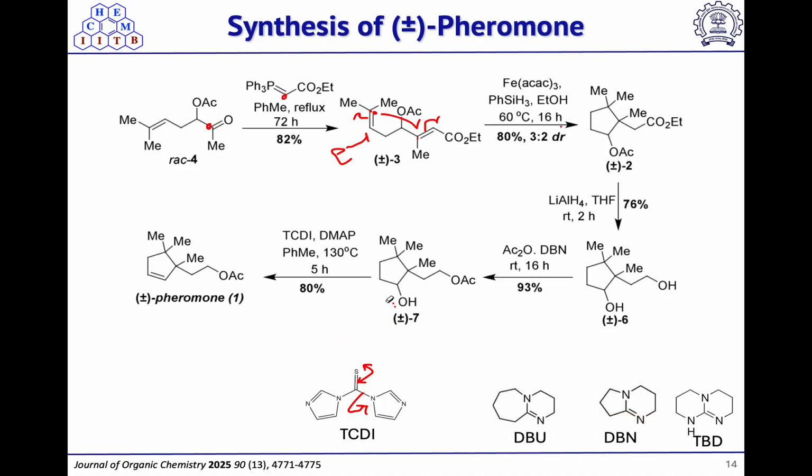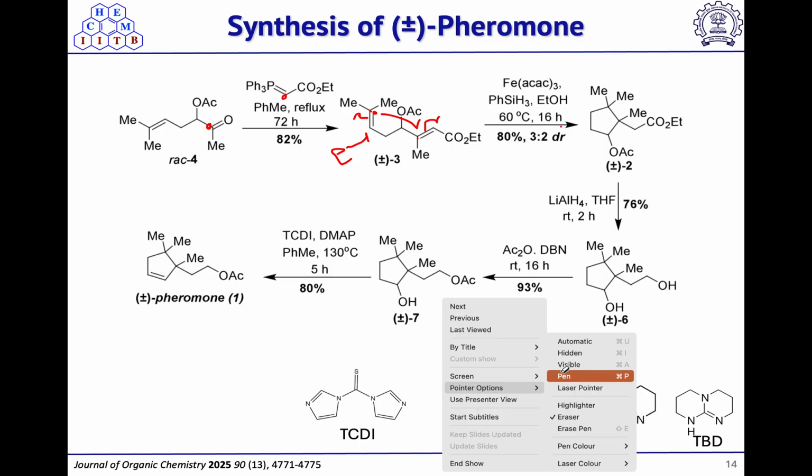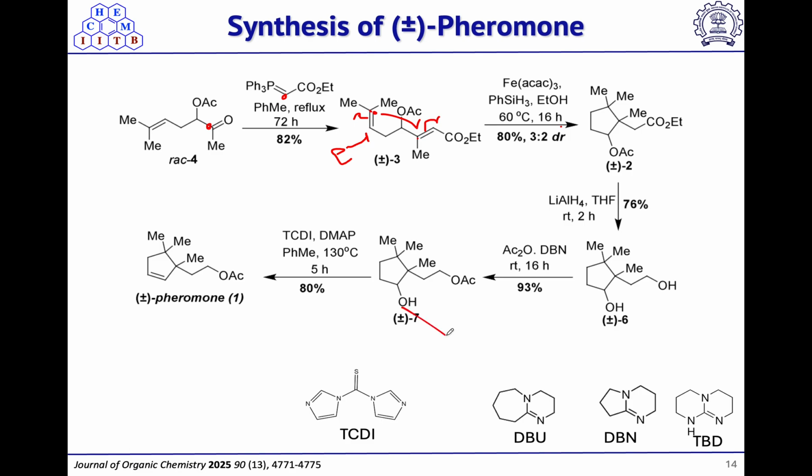After this, what will happen? What product will we get? Basically this oxygen, this is sulfur, and this is the imidazole. One of the imidazoles will be there. Now in toluene reflux condition, what will happen?